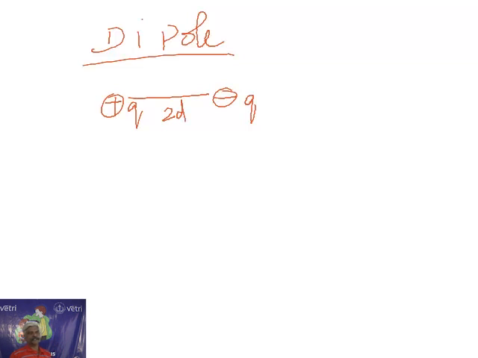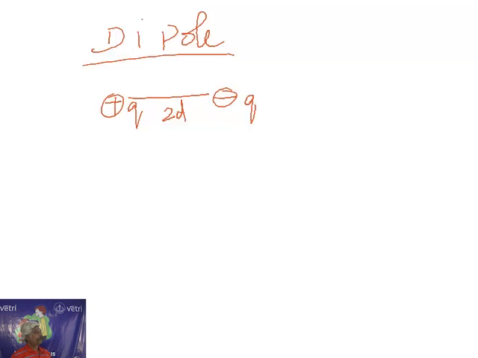Usually the distance is denoted by the letter D. Why do I put 2D? Very similar to the length of the magnet, which is always taken as 2L. So to parallelize magnetism along with electricity, we also take 2D. It is also for calculation simplicity. Two equal and opposite charges separated by a very small distance 2D constitute a dipole.